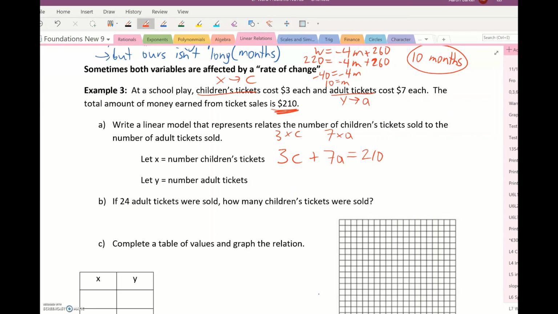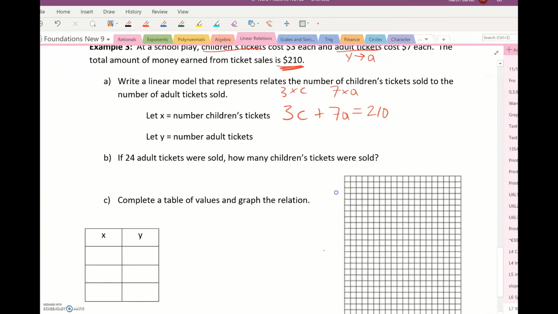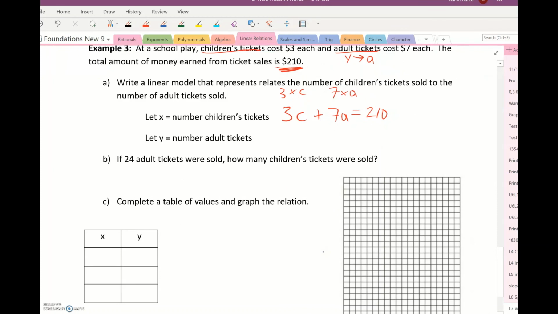So the question is here, if 24 adult tickets were sold, how many children's tickets were sold? So we will say A equals 24, and we will substitute that in. So 3C plus 7 times 24 equals 210. So we just brought this down and said A equals 24, and we substituted it in.